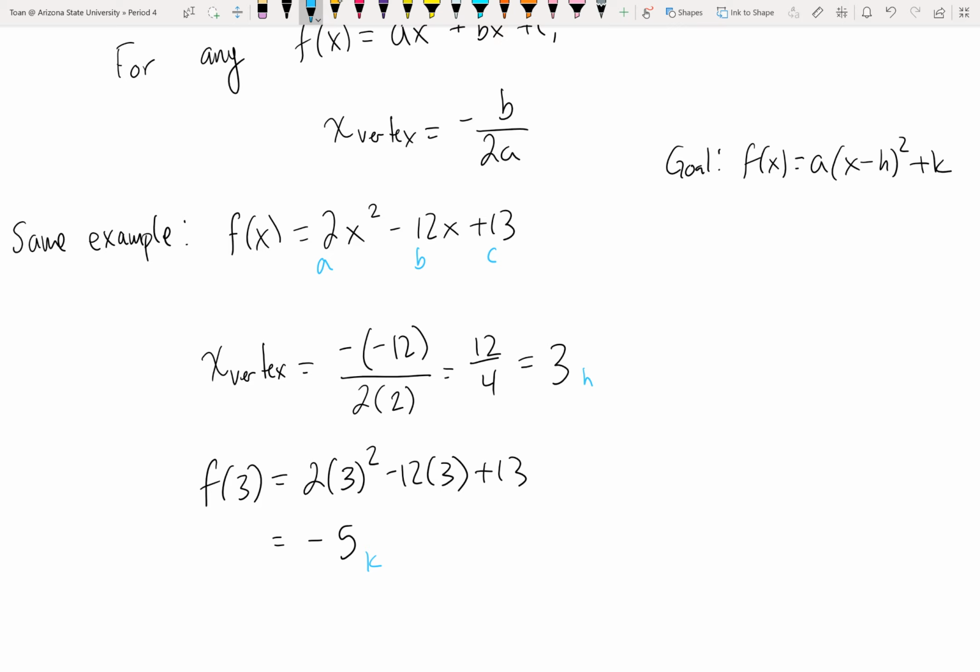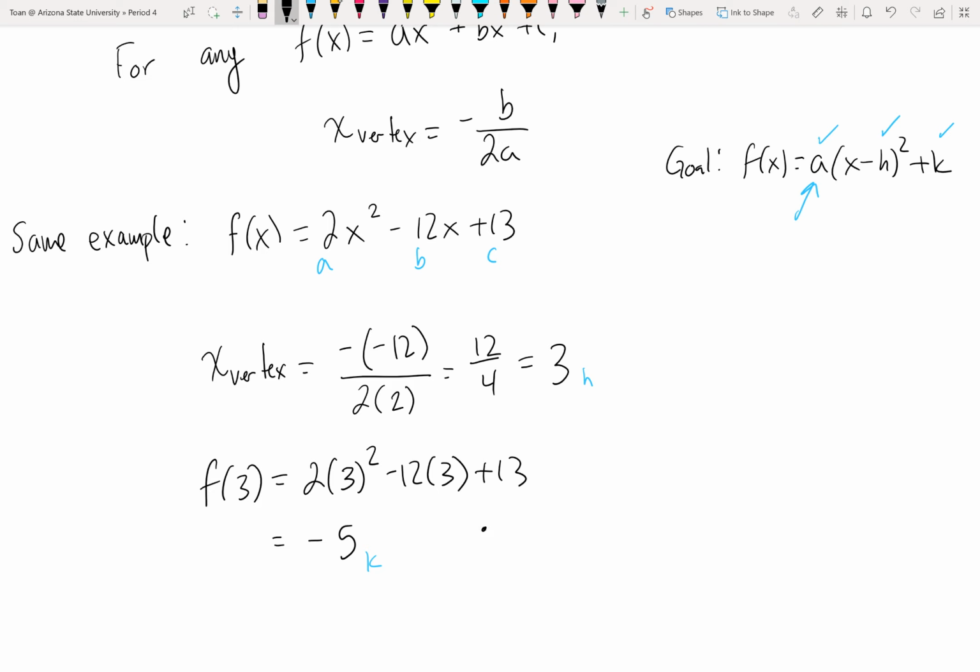To write in vertex form, you need h, k, and a, though. Gosh darn it. We need an a. Well, guess what? This a right here is the same as this a. It gives it to you. You're done. You have all the missing pieces.